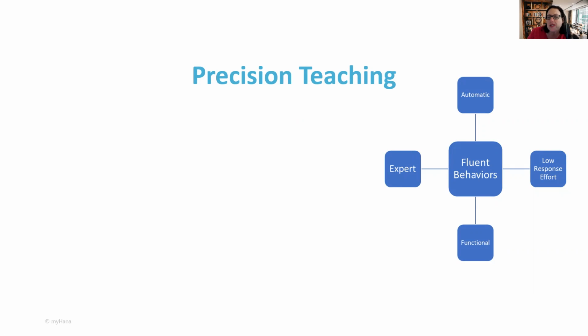So precision teaching is an ABA approach that emphasizes the rate of performance and uses the standard acceleration chart to track progress and make informed decisions based on how the learner's doing. So precision teaching is not so much a method of instruction as a measurement tool, okay? It's a method of evaluating instruction and the tactics being used or the strategies to see if it's working.